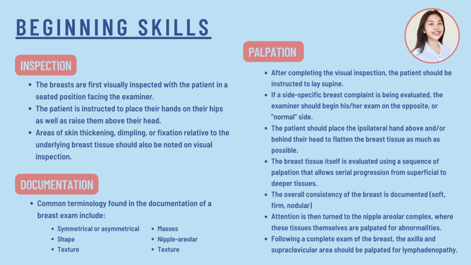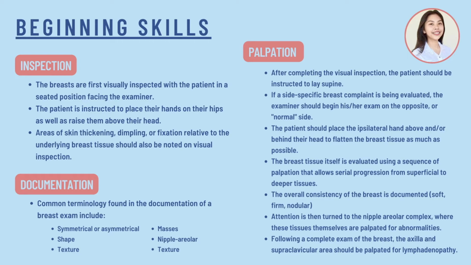Any masses or tender lesions are noted concerning their location in a conventional quadrant or clock face configuration. When documenting findings, characteristics of any abnormalities should be included, such as size, shape, texture, mobility, delimitation, tenderness, and approximate depth.